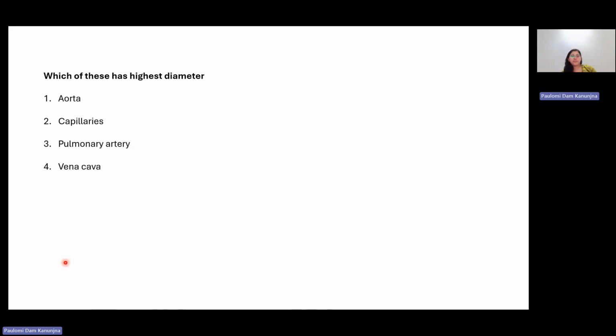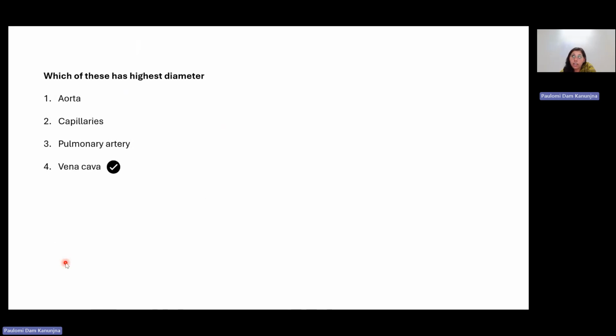Now, which of these has the higher diameter, basically the higher size? This becomes easy if you just imagine the diagram that I showed you. The answer will be vena cava.